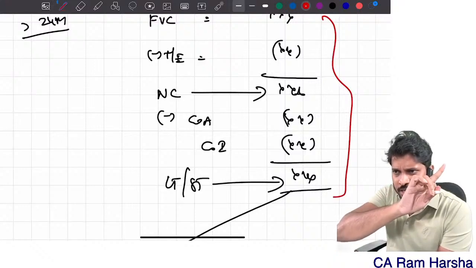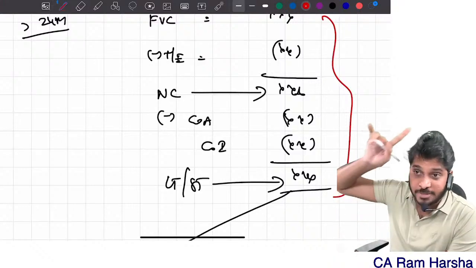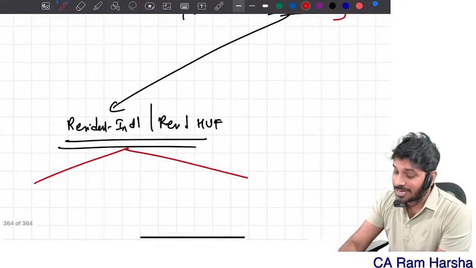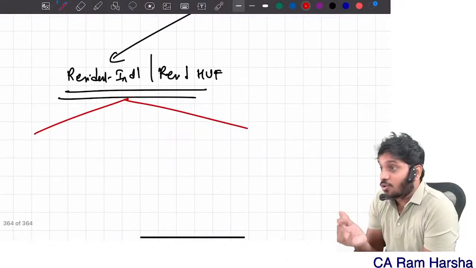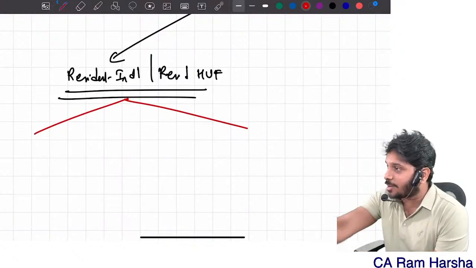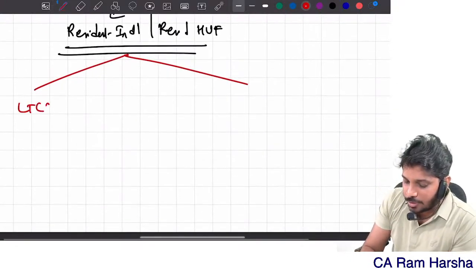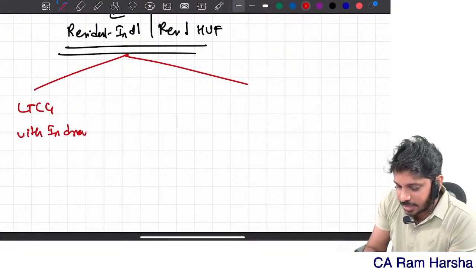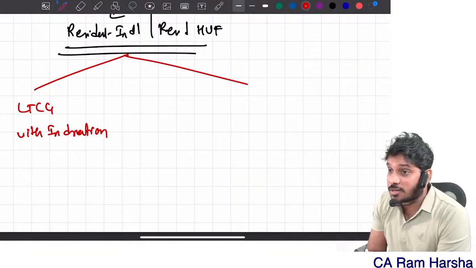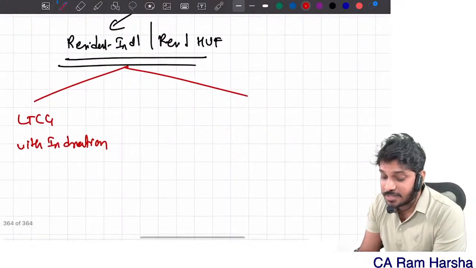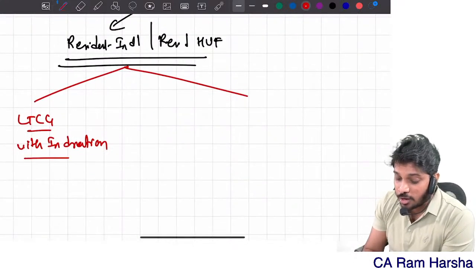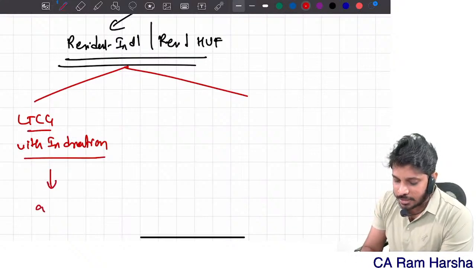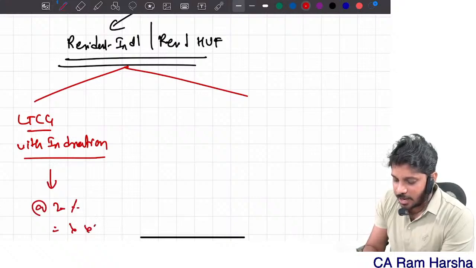Always, computation of capital gain for total income purposes must be without indexation. You should not consider indexation at all. But when you are computing the tax amount, once again compute long-term capital gain with indexation facility. Tax computation time, on this apply the 20% tax rate, and see how much is the tax.